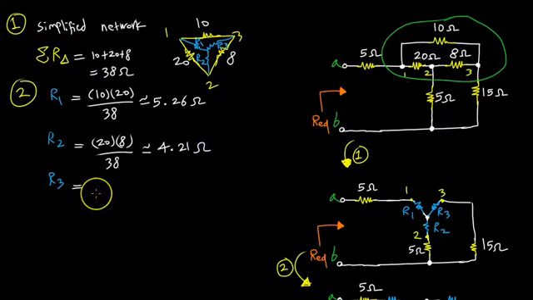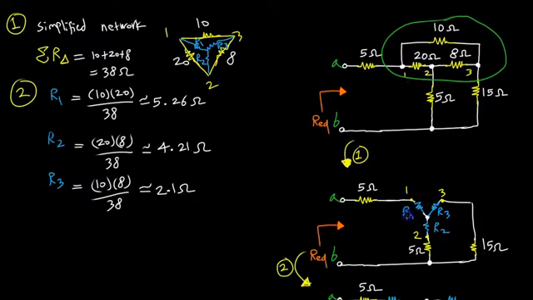And then for R3, 10 and 8 are adjacent to it, so 10 times 8 over 38, which is 80 over 38, giving us about 2.1 ohms.